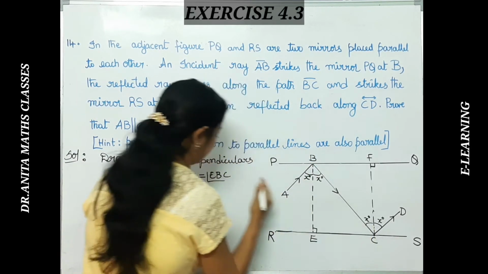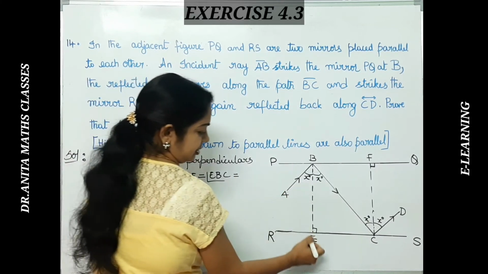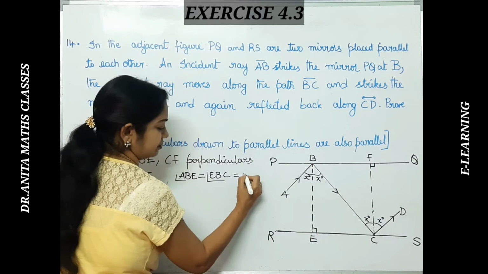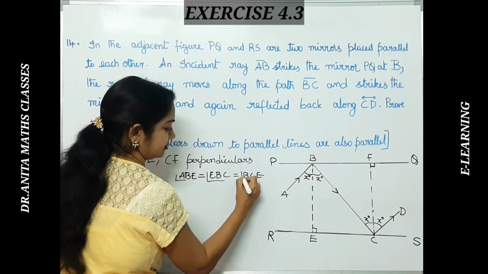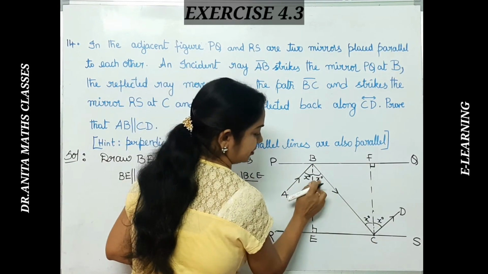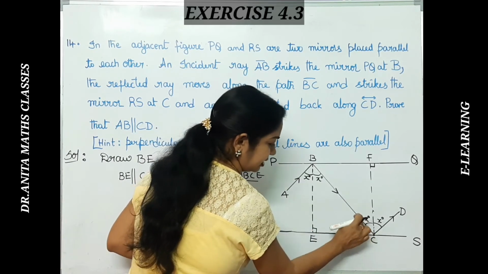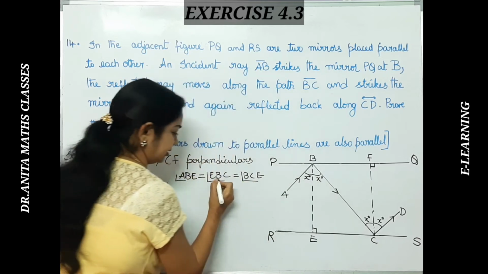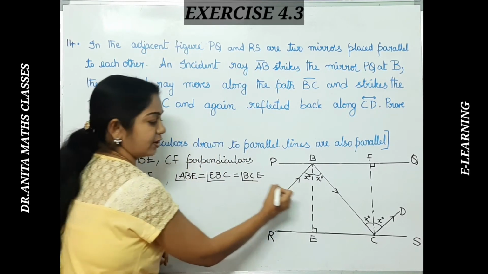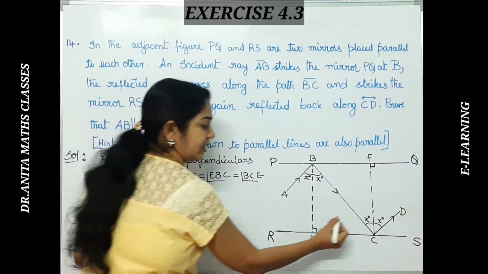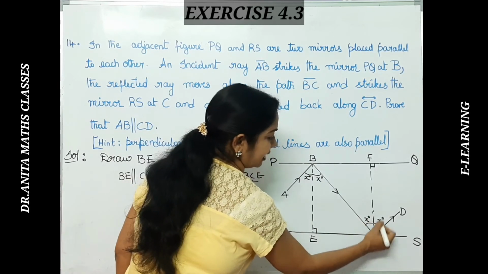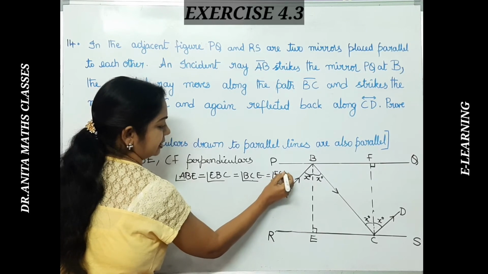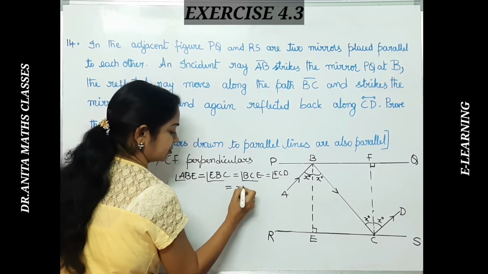Now again, this EBC equals BCE, because these two are alternate interior angles according to the parallel lines concept. Now this angle is equal to this angle, that is FCD. All these are equal to x degrees.